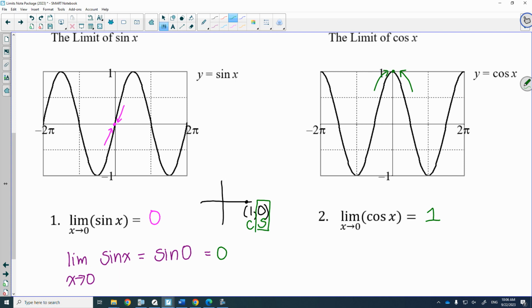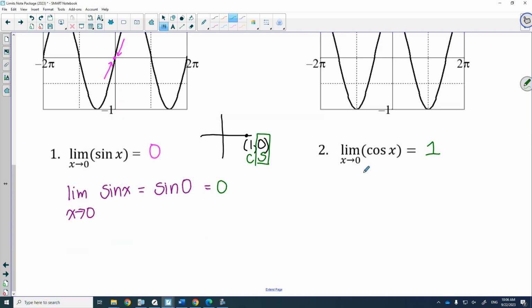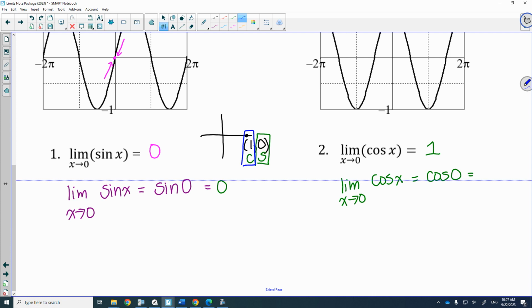So graphically, the limit as x approaches 0 of cos of x is equal to 1. If I were to substitute in, the cosine of 0 degrees or 0 radians is equal to 1, since cosine is our x values on the unit circle.